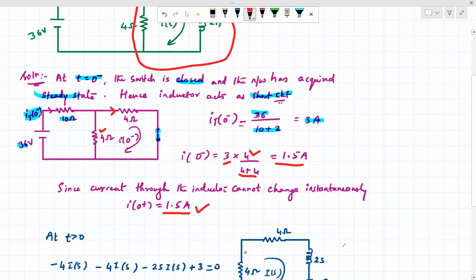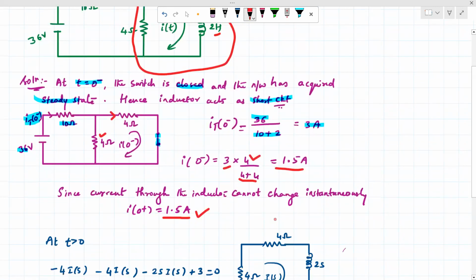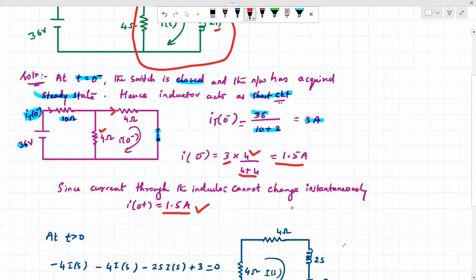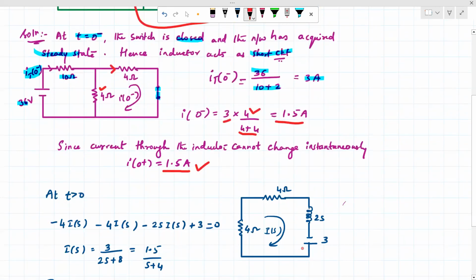So the circuit which we have will be only this much we need to consider. A 4 ohm resistor and a 2 Henry inductor along with the current source, which is 1.5 amps. So this 1.5 amps current source can be replaced by a voltage source. So this was the circuit.